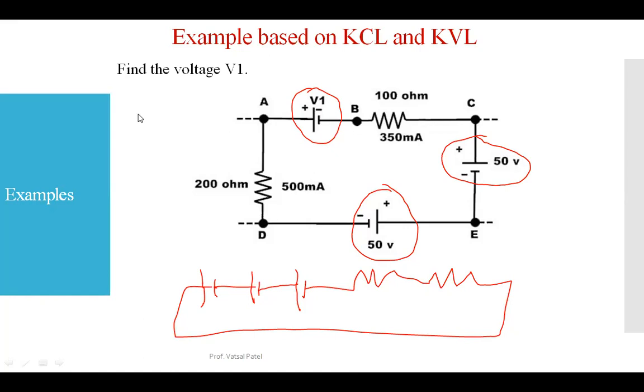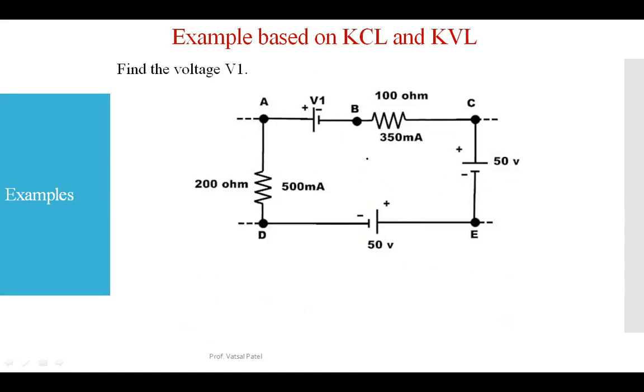But if we apply the loop properly over here, how can we get that information? I will tell you according to KVL. Right now we are applying KVL here because there is no junction here, or no node represented. Now if you see the direction, you can represent it like this, clockwise direction, sorry, anti-clockwise direction.